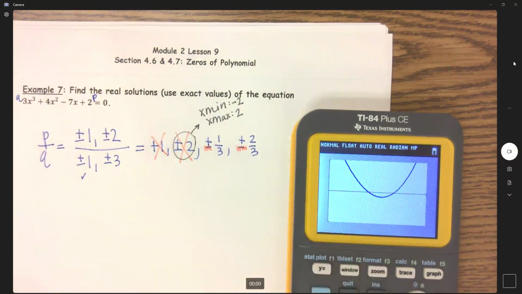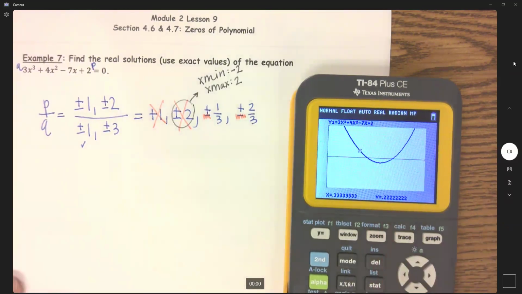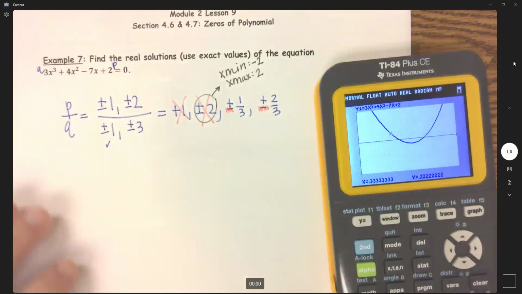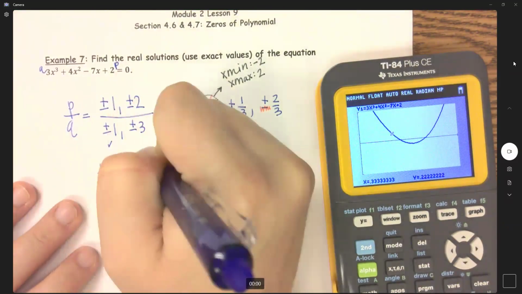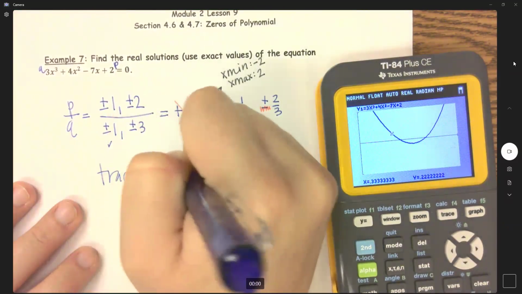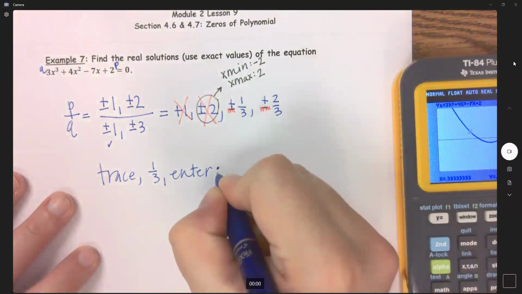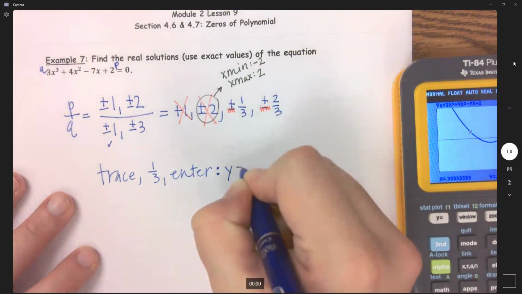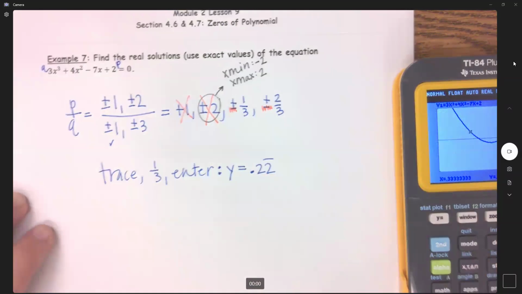I can find one of these zeros. So if I hit trace 1 divided by 3, I get 0.2 repeating, so that's not it. So I did trace 1/3, enter, and I got a y that equaled 0.2 repeating.